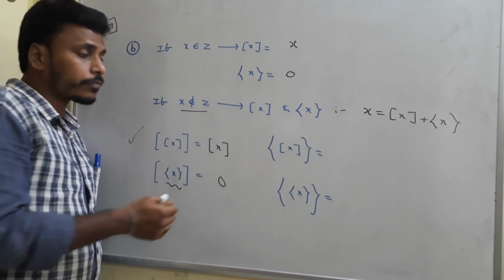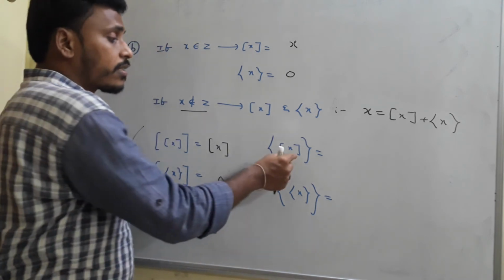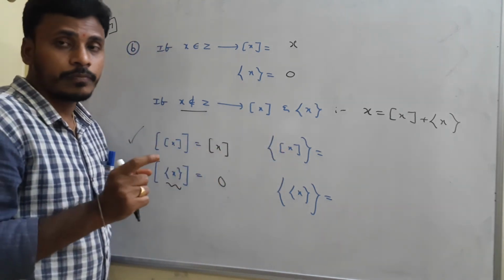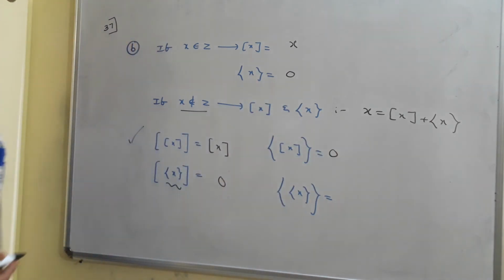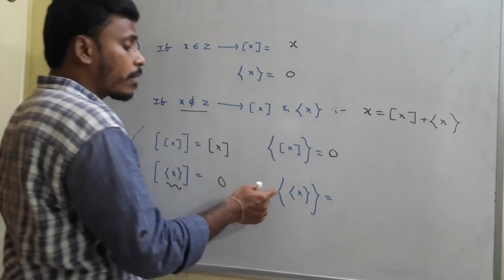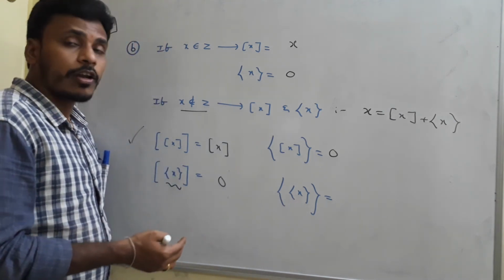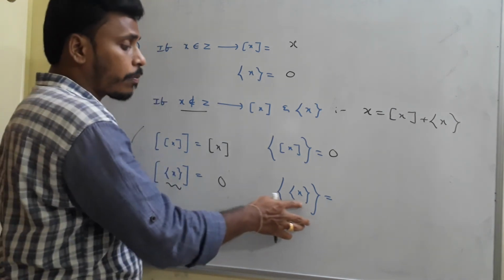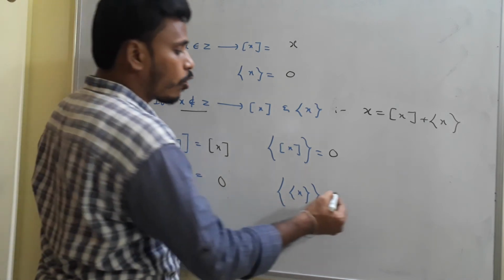Whereas in this case, fractional part of step x, as we discussed, step x is always an integer and we are applying fractional part for that integer. Its value is 0. And then step fractional part of x. See, for fractional part of x, if you say you will get that fractional part of x as 0.7, its fractional part is again 0.7.